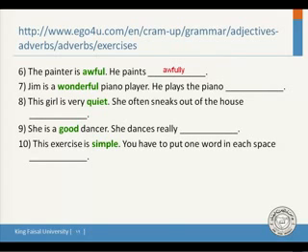A wonderful piano player. He plays the piano wonderfully. This girl is very quiet. She often sneaks out of the house quietly. She goes out of the house quietly.